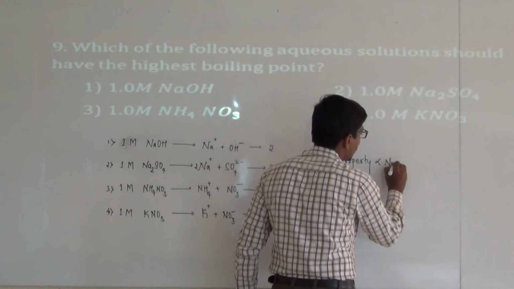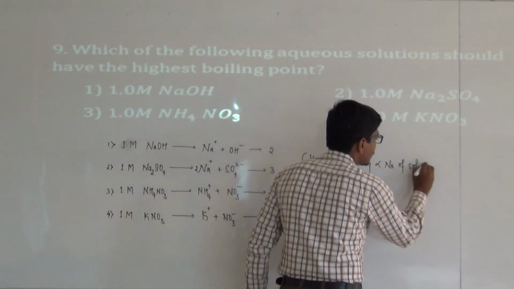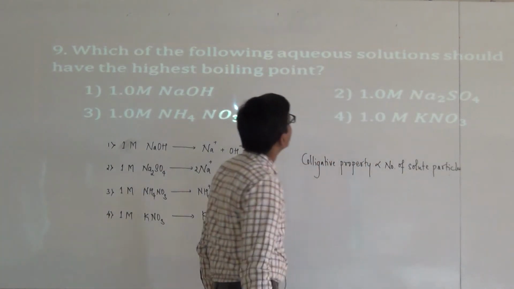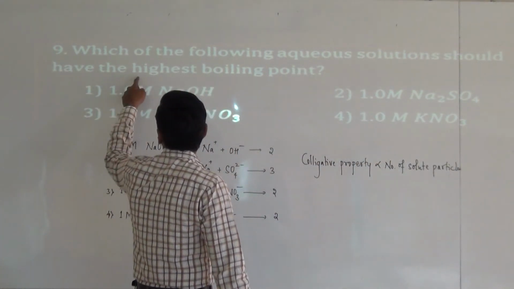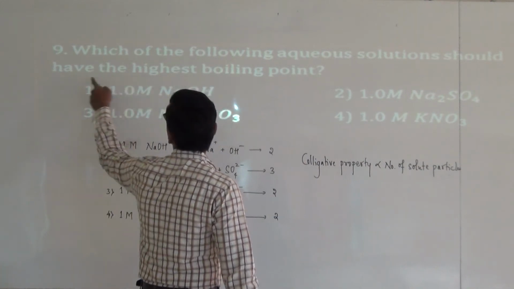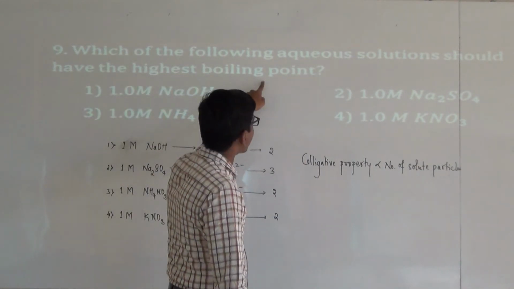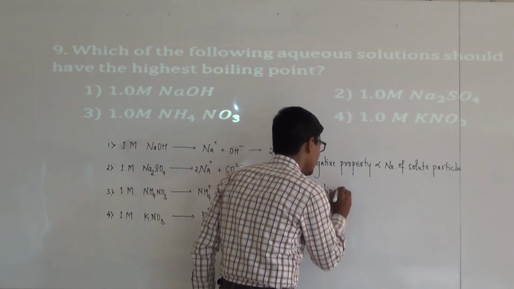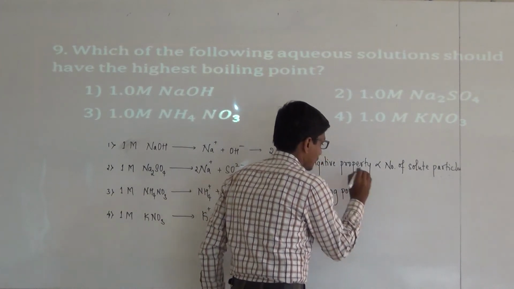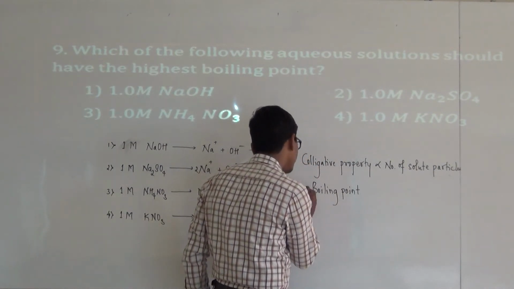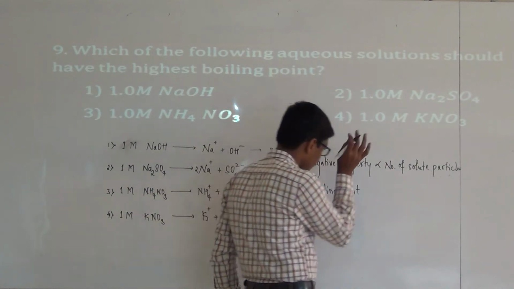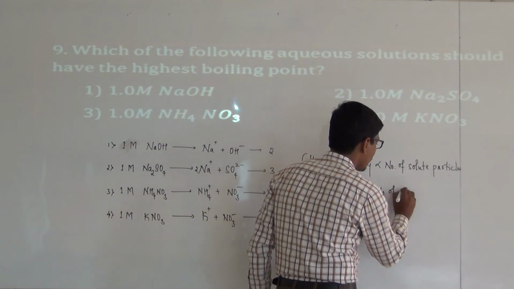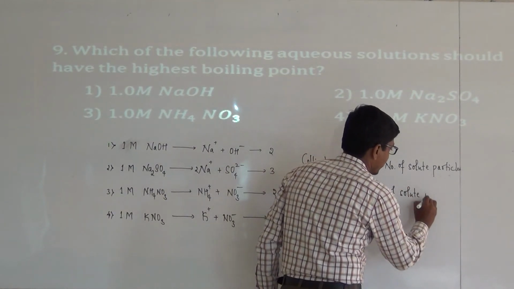The colligative property is directly proportional to the number of solute particles. In the question, which solution should have the highest boiling point? Boiling point elevation means it increases, and boiling point elevation is also directly proportional to the number of solute particles.